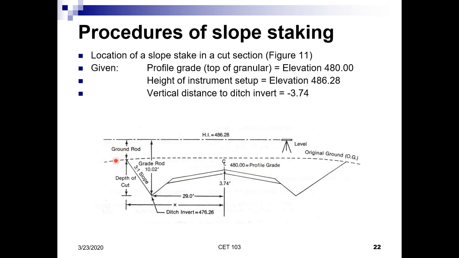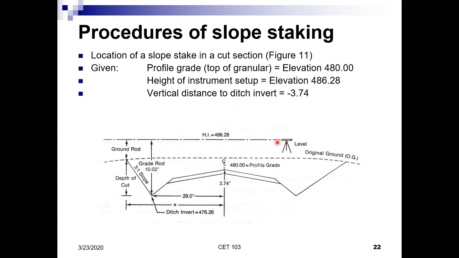That would be this point right here and this point right here, this being left of construction, this being right of construction. The information I'm about to show you is based upon the left side. So the first thing we do is establish the elevation of the ground.